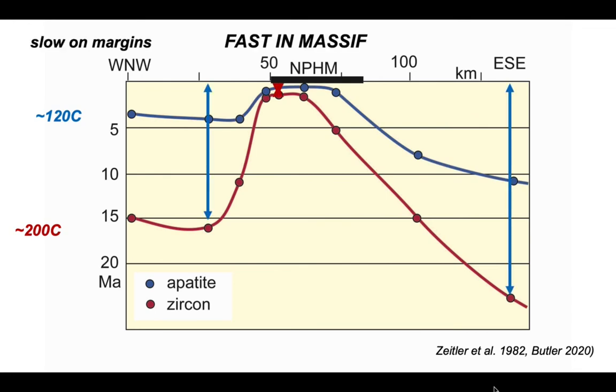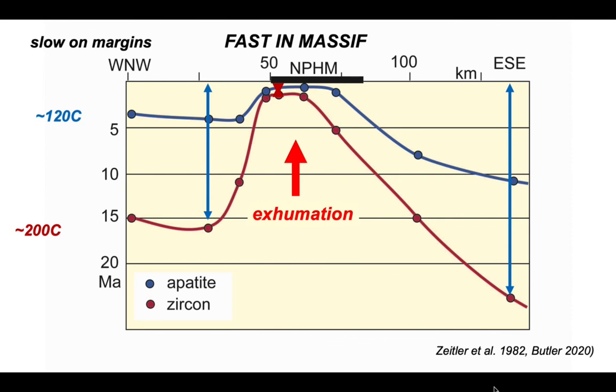Let's just interpret all this. Again, we have slow cooling on the margins of the massif, fast cooling in the rocks that form the Nanga Parbat Haramosh Massif. So differential cooling, presumably differential exhumation across the region. And the fastest exhumation in the region is occurring across the Nanga Parbat Haramosh Massif.